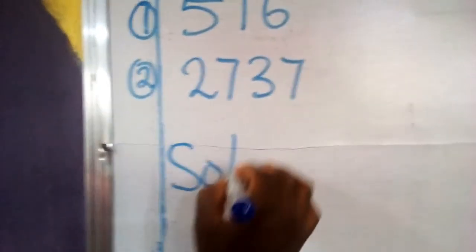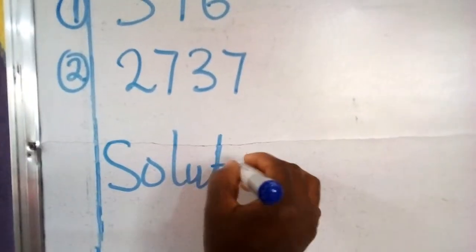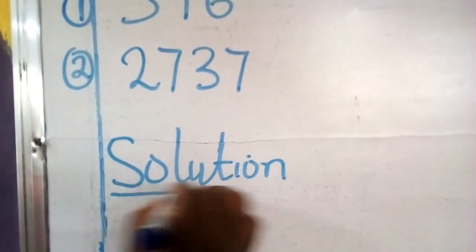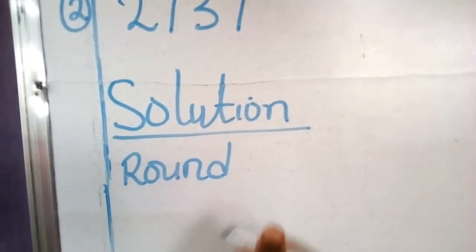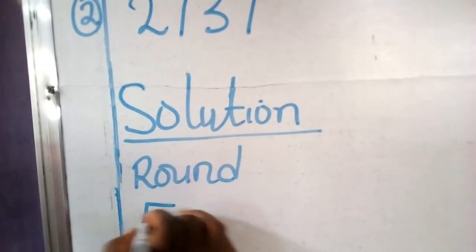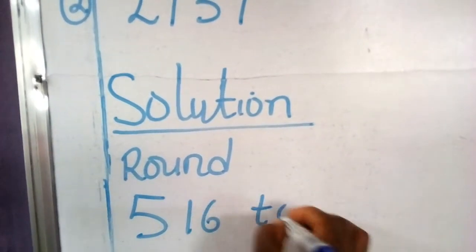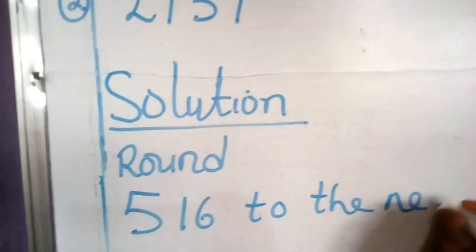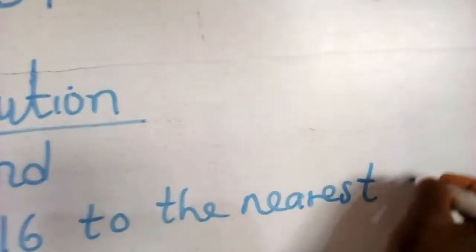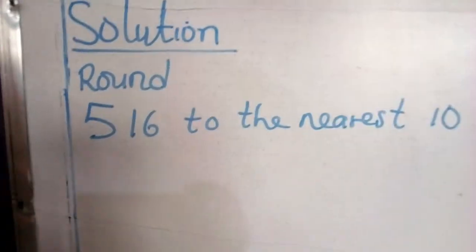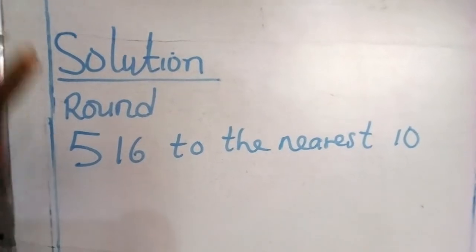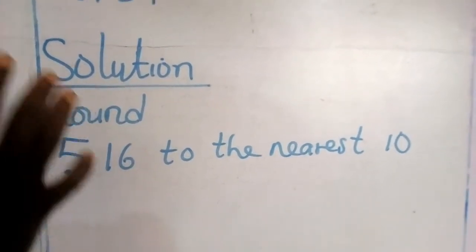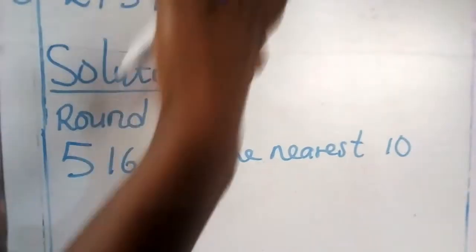Solution. Round off 516 to the nearest 10 first. When you are asked to round off to the nearest 10, 10 means that's the tens we are looking at. We have a place value of numbers.